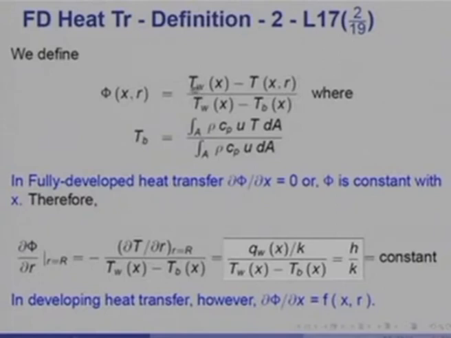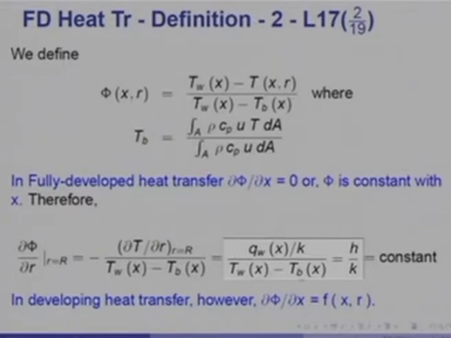The dimensionless temperature profile will become constant with x. And since phi is constant with x, we would expect that d phi by dr at the wall will also be constant with x, which of course means that it is equal to minus dT by dr at r equal to R divided by T wall minus T bulk x, equal to q wall over T wall x minus T bulk x.